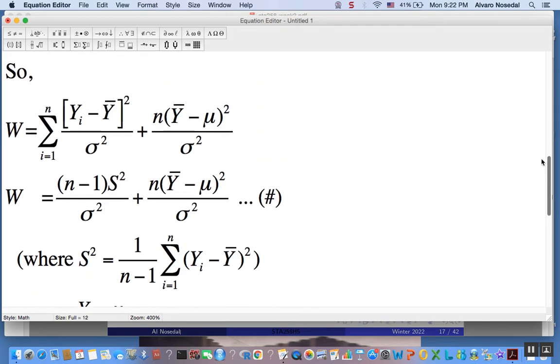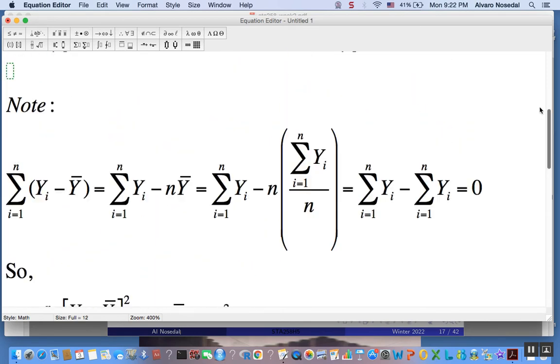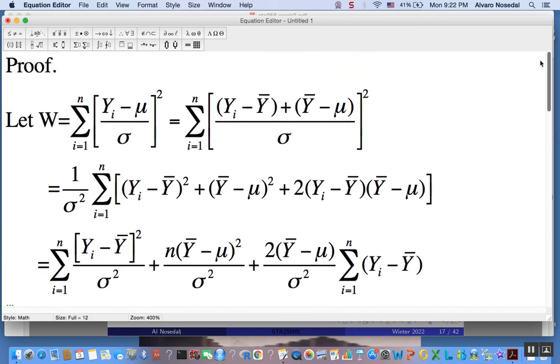By our equation hashtag, this is the second term. So let's recap what we have done thus far. First, W, the one that we defined at first, is a sum of n standard normals squared. So clearly the distribution of W is going to be a chi-square with n degrees of freedom.